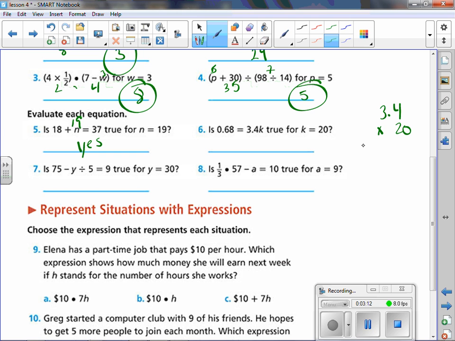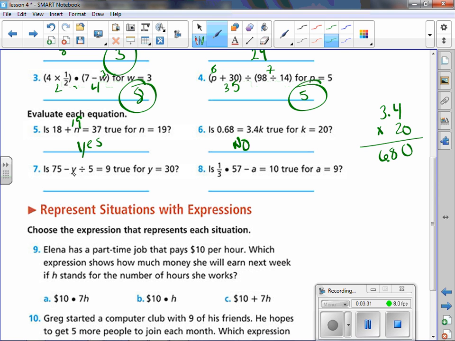It's like doubling 3 4/10 and adding that 0 on and then putting your decimal in. So no, it's actually not. No, the decimal will go here.